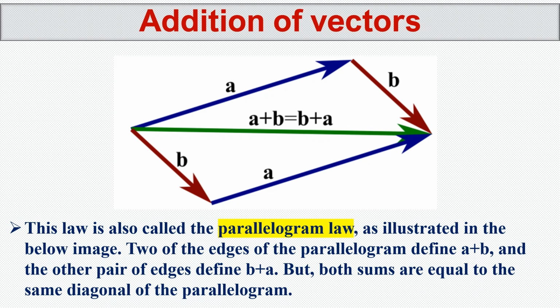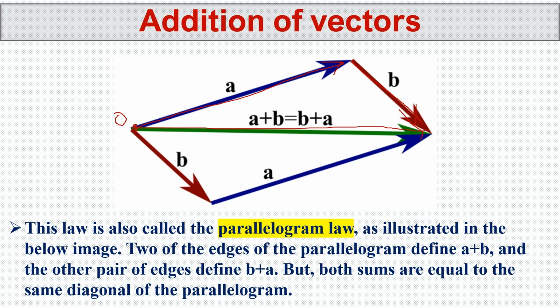Look at this: starting from O, we draw one vector, vector A, then draw the other vector, vector B. To add A and B, we join the starting point to the final end point, so it becomes A plus B.